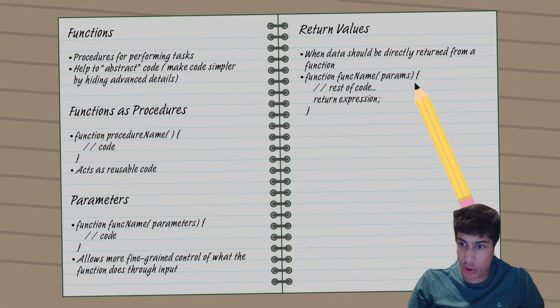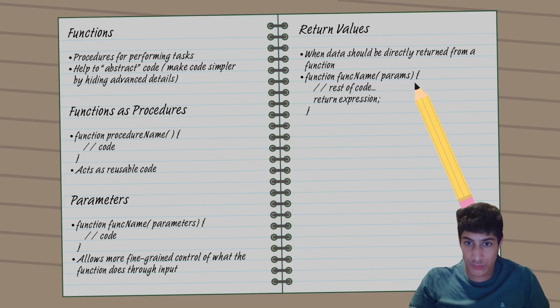Now, printing out boxes with numbers inside is pretty interesting, but there are also cases where instead of doing something that's actually visible to the user, maybe you just want to make a calculation, for example, and then return the result.